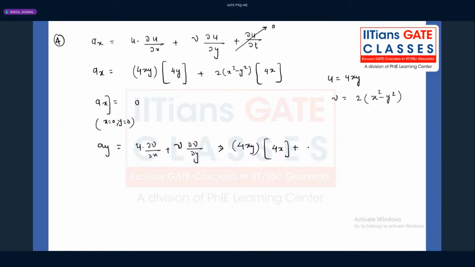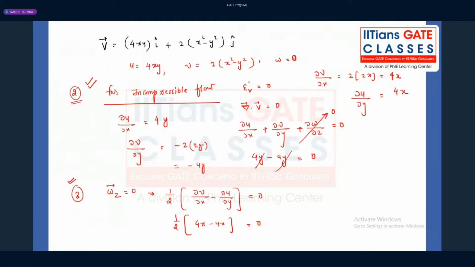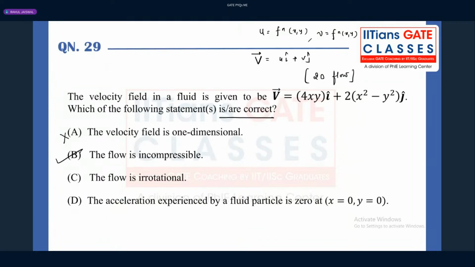Plus v, what is v? 2x square minus y square. Dou v by dou y is what, guys? Minus 2y. Again, if you put x equal to 0 and y equal to 0, you are going to get 0. If you read the problem, the flow is incompressible, the flow is irrotational, and the acceleration experienced by the fluid particle is also 0. So B, C, D are correct options, not A. A is not correct.